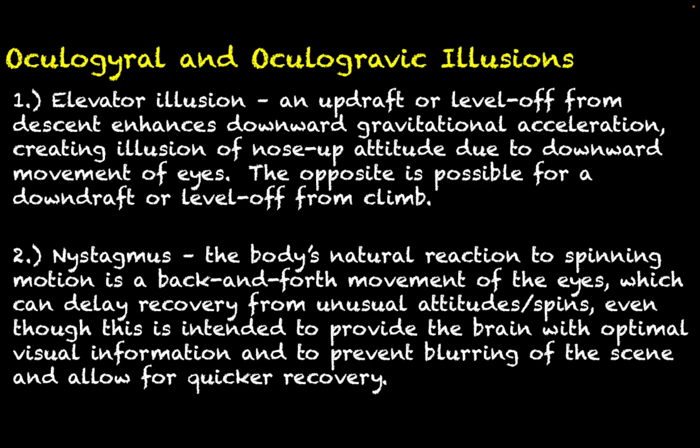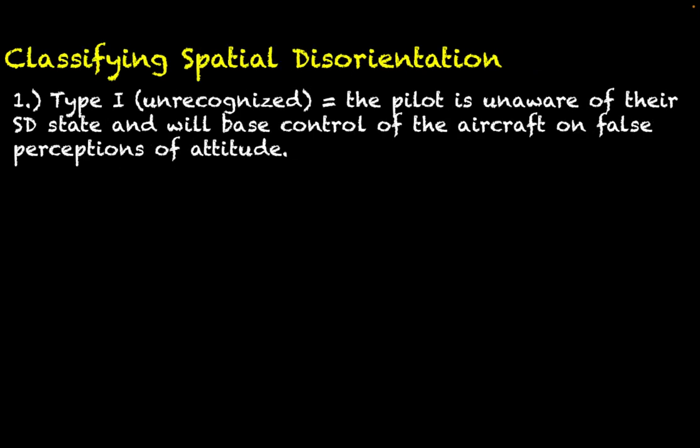But in reality, when you're flying an airplane, nystagmus is actually kind of a detriment because it makes reorienting yourself much more difficult. If your eyes are moving back and forth, it's going to take a few seconds for you to really get your bearings and be able to look at your instruments and make decisions as to what to do with your flight controls.